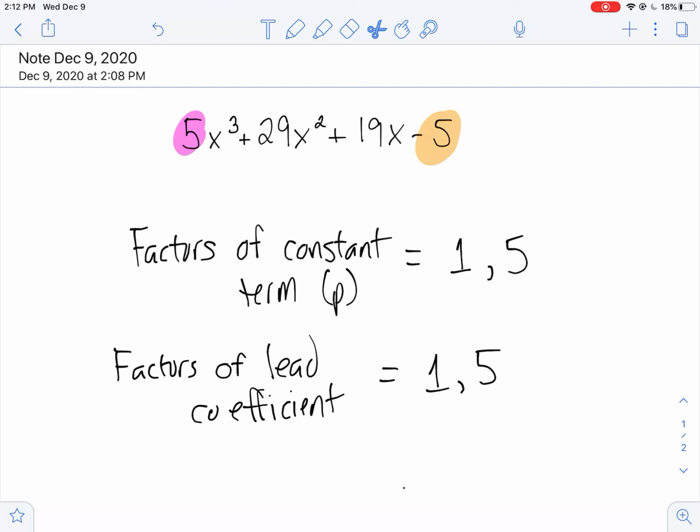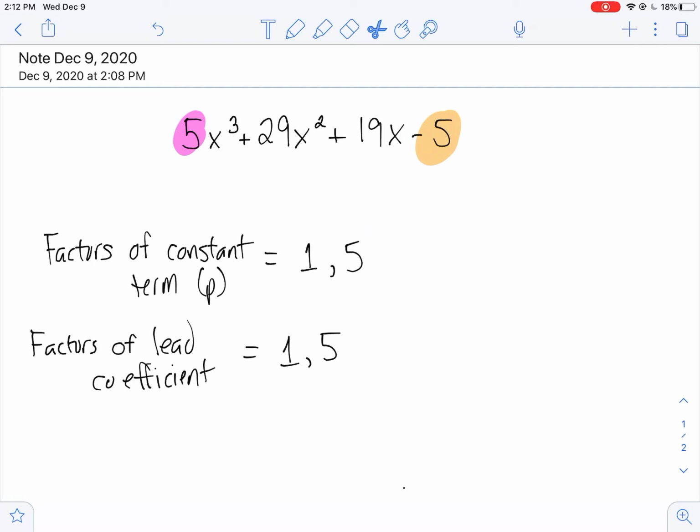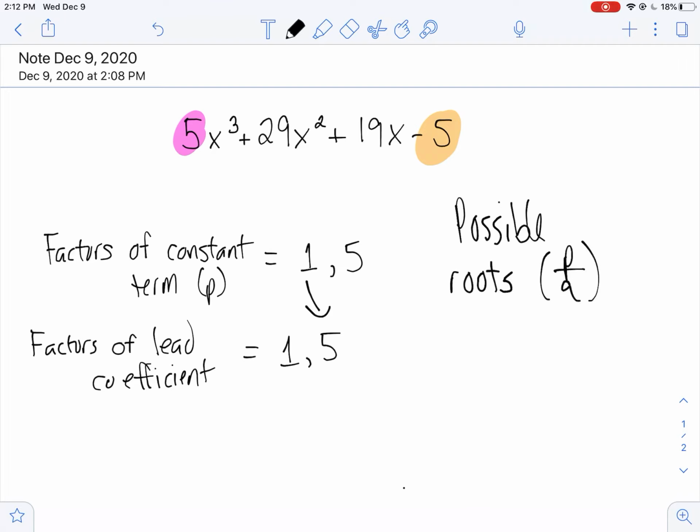So what do I do from here? I'm going to divide the factors of my constant term by the factors of my lead coefficient. My possible roots are all going to be p over q, all the p's over all the q's.